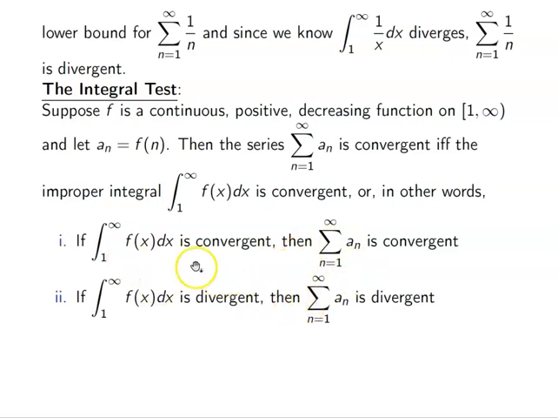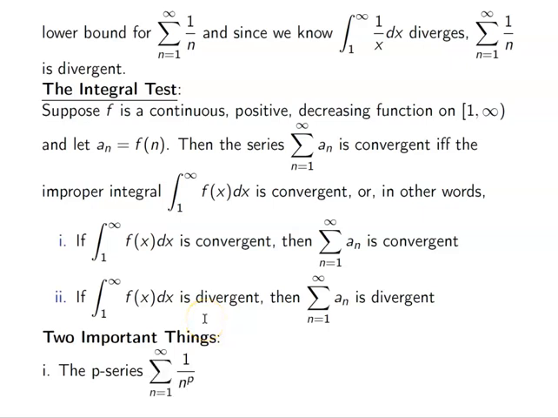This integral test only works if my function is continuous, positive, and decreasing on this interval. Not only that, but it has to match up with the model of my sequence given by a sub n. So there are two important things that we need to take away from this.